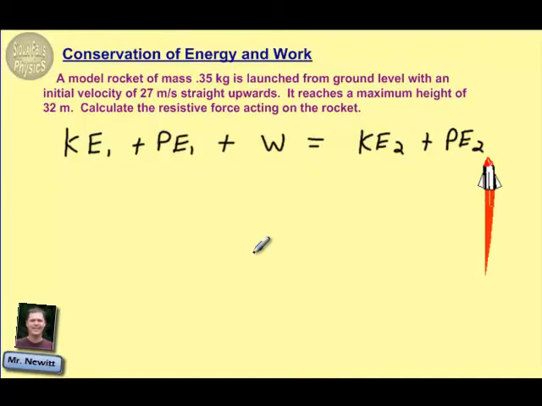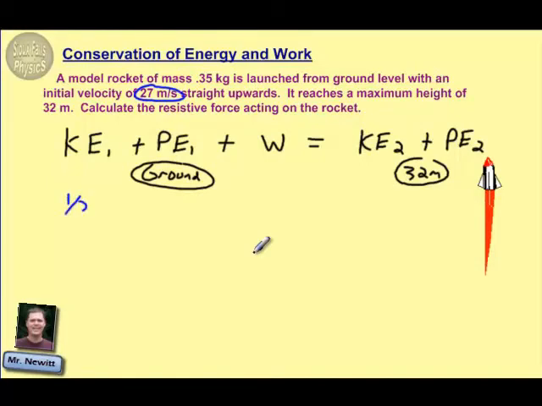And so essentially, again, what we're saying is the left side of my equation is the ground level, if you will. The final result here, kinetic energy 2, potential energy 2, is when we're at that 32 meters, okay? So we know the rocket starts with an initial velocity of 27 meters per second.